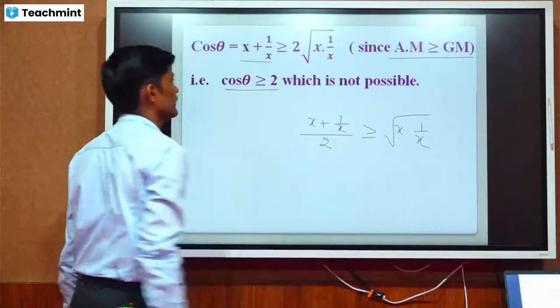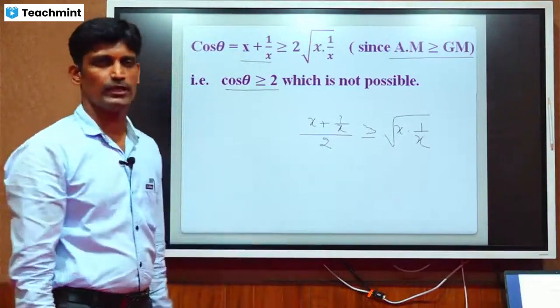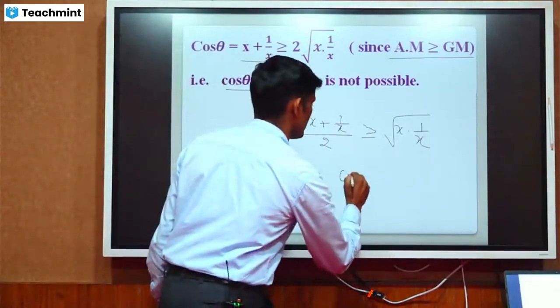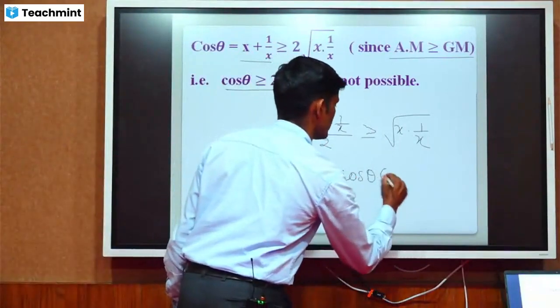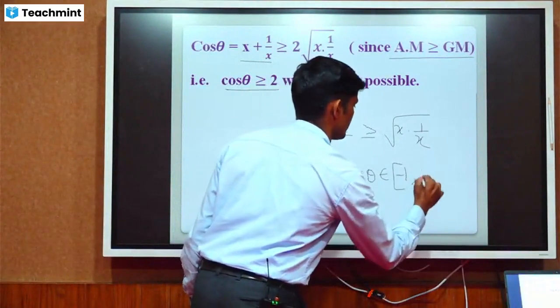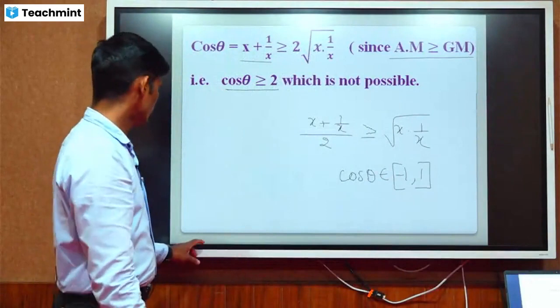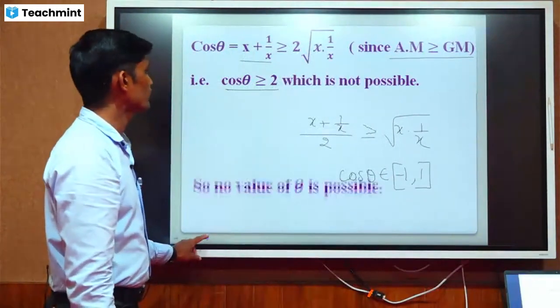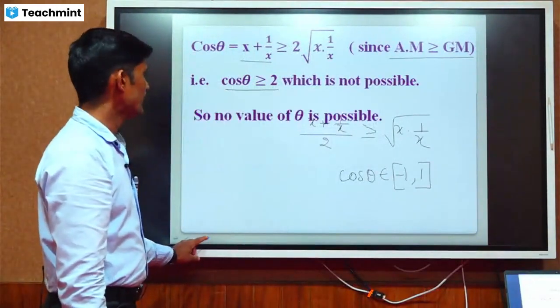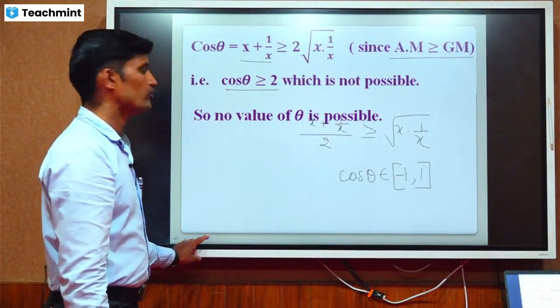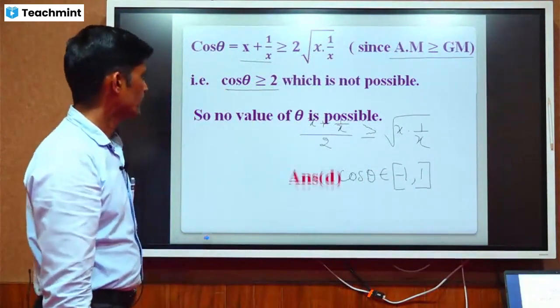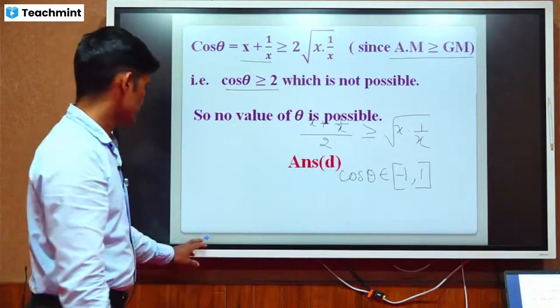So cos theta greater than or equal to 2, which is not possible, because you know cos theta always lies in the range minus 1 comma 1. Therefore, cos theta greater than or equal to 2 is not possible. Therefore, this equation has no values. So, no value of theta is possible. Hence, D is the right answer.